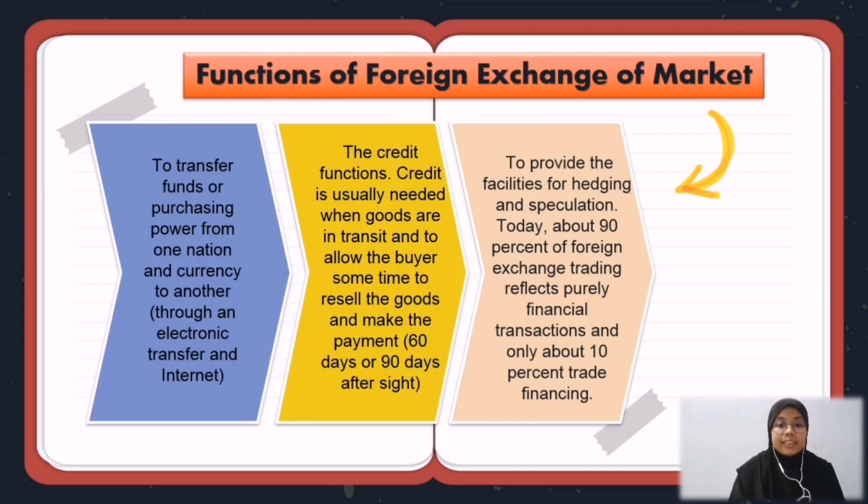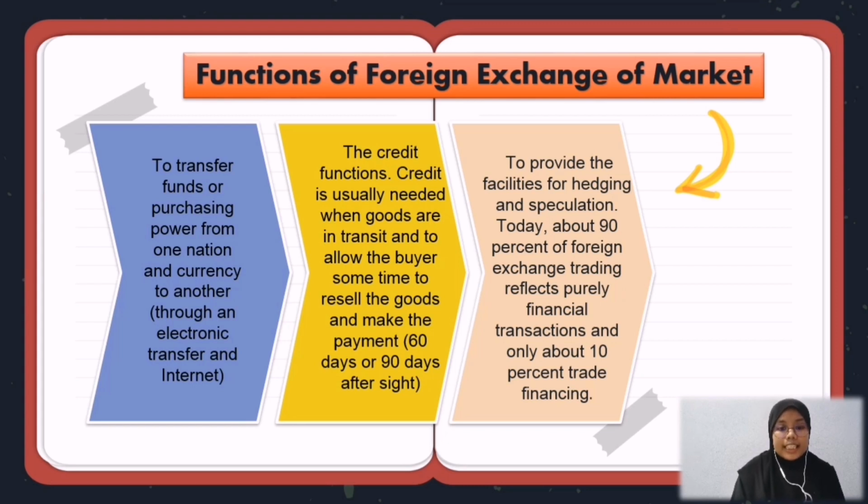Okay, next, functions of the foreign exchange market. There are three functions. The first function is to transfer funds or purchasing power from one nation and currency to another through an electronic transfer or internet. The second function is credit function.